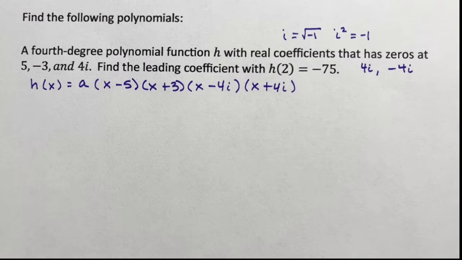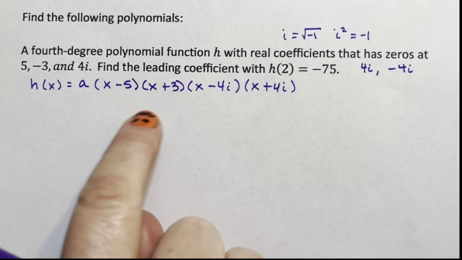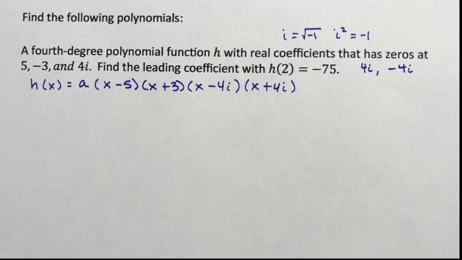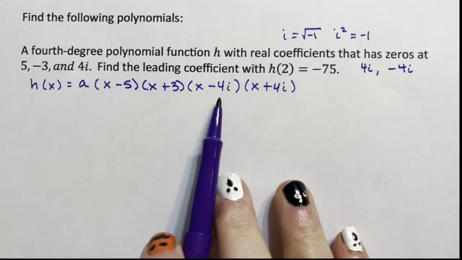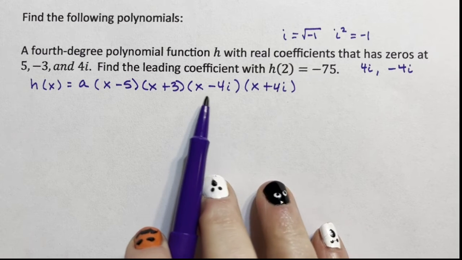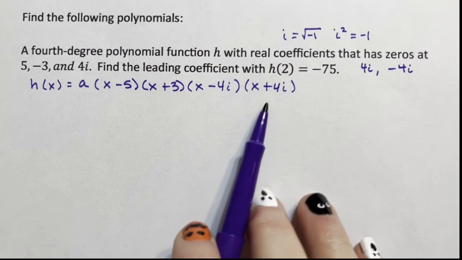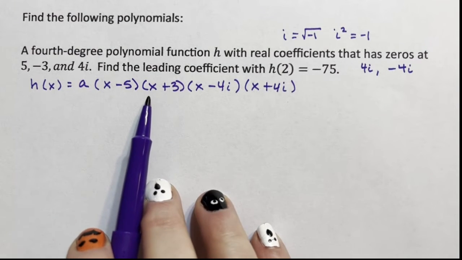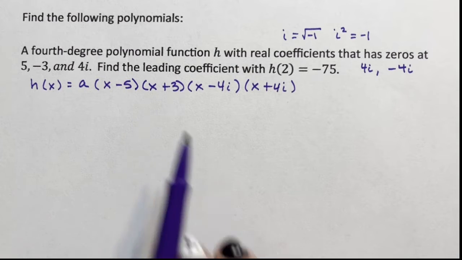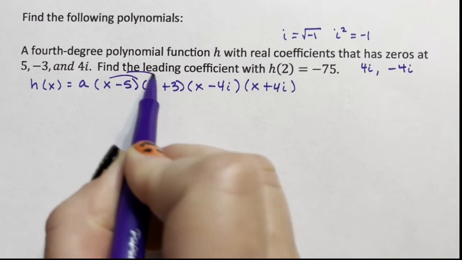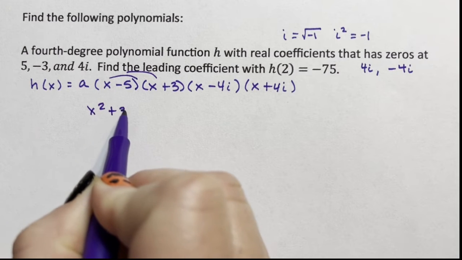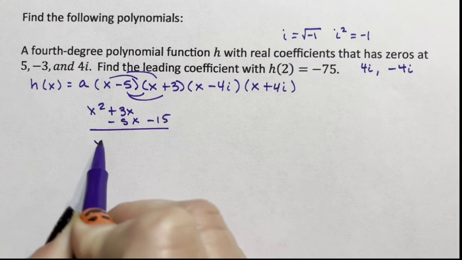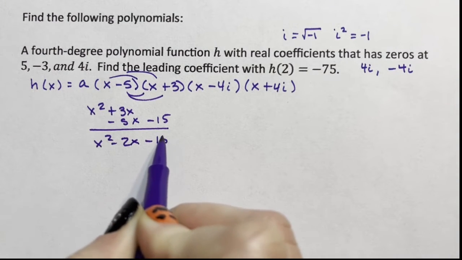To do this, I'm going to multiply the two binomials with real solutions and the two binomials with imaginary solutions. Because of the nature of x minus, x plus, this becomes a difference of two squares, and we should eliminate the ugly. So when I multiply these, I get x squared plus 3x minus 5x minus 15, which is x squared minus 2x minus 15.